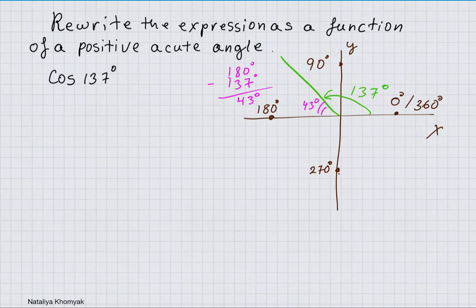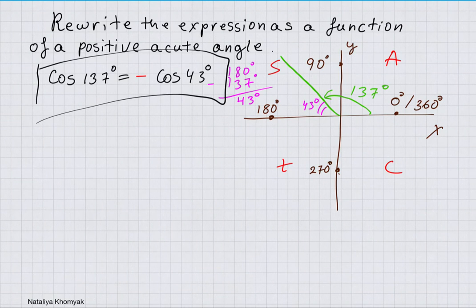So let's figure out the sign of our trig functions. All are positive in quadrant 1, sine and cosecant are positive in quadrant 2, tangent and cotangent in quadrant 3, cosine and secant in quadrant 4. So if only sine and cosecant are positive in quadrant 2, our cosine of 137 degrees will be equal to negative cosine of the reference angle, 43 degrees. And this is our solution.